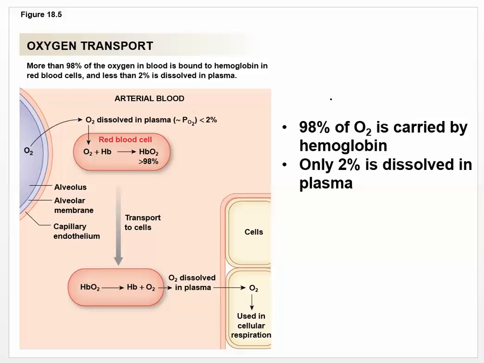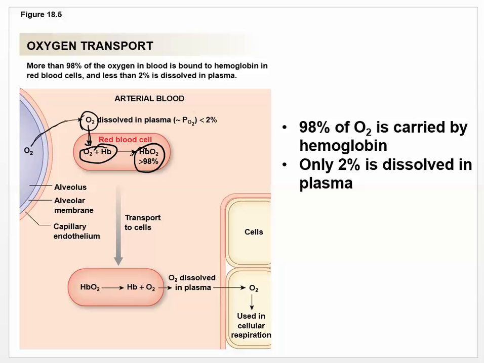So let's look at how oxygen is carried in the blood. Because it's not very soluble, a little bit dissolves and moves down its concentration gradient, but it's going to build up pretty fast. So very quickly, most of that oxygen goes right into a red blood cell, binds to a hemoglobin, and makes oxyhemoglobin.